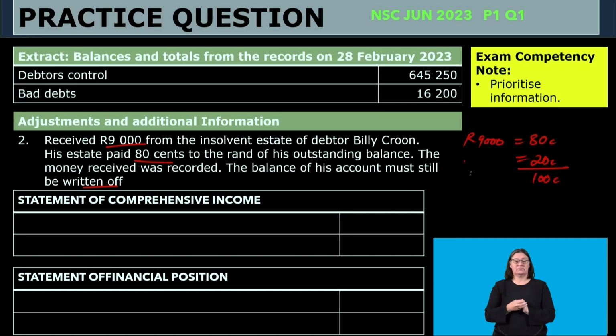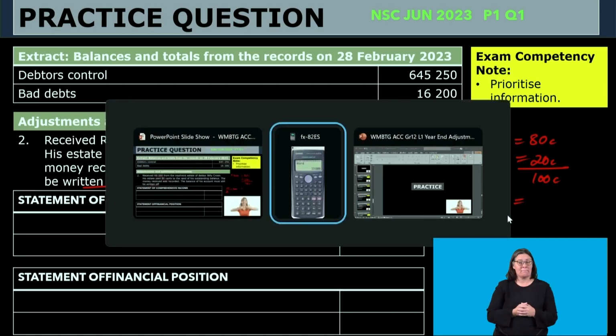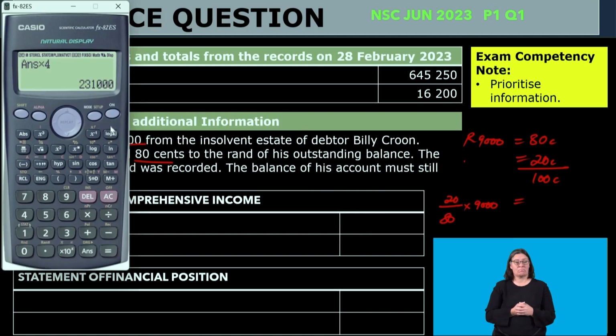So this is what we want. So we can simply say, what I want is the 20. What I have is the 80 multiplied by the 9,000. How much do I get? I'll come here and I'll now say, what I want is the 20, but what I have is the 80.